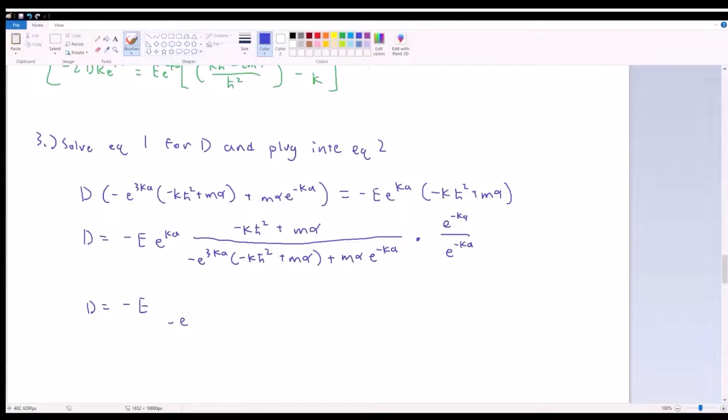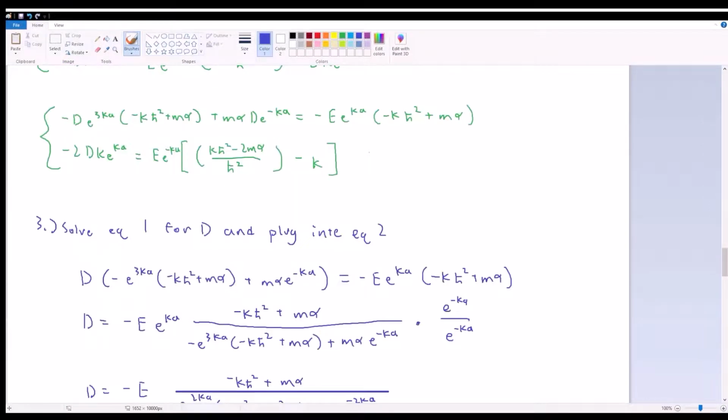Then it's going to give us negative e to the 2ka negative k h bar squared plus m alpha, and then plus m alpha e to the negative 2ka. Is that correct? Yes, it is. Okay, and let's make the fraction, and then this is going to be negative k h bar squared plus m alpha. Okay, now we plug it in.